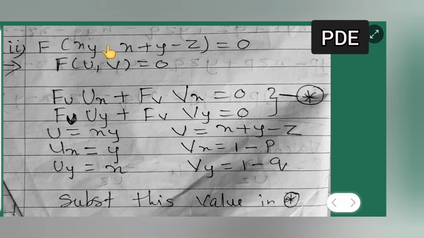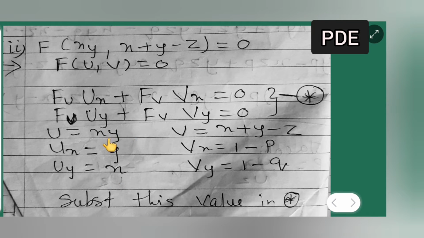u is equal to what? Nothing but xy. v is nothing but x plus y minus z, which is over here. If I differentiate this with respect to x, what I am going to get is y. Differentiating this with respect to x, I am going to get 1 minus p, because if I differentiate dou z upon dou x, I am going to get p, this is z_x. So in the same way, u_y is equal to x.